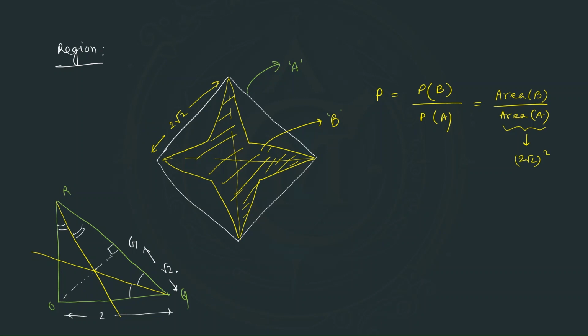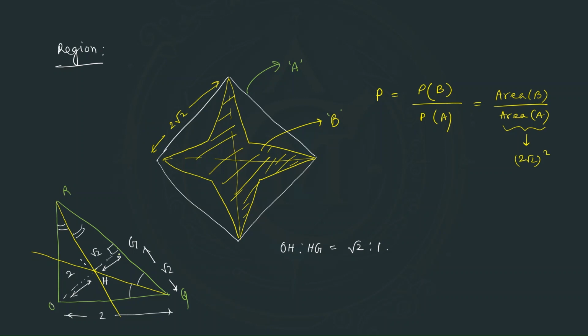So if this ratio is root 2 is to 2, then this length is to this length, sorry, 2 is to root 2, because we are taking this length first and then this length. So let us say this is 2k and this is root 2k. Let's say this point is H, OHG. So OH is to HG is equal to 2 is to root 2, which is root 2 is to 1.